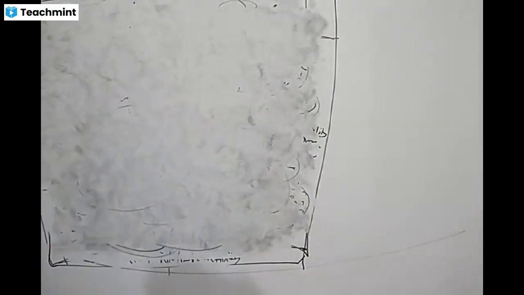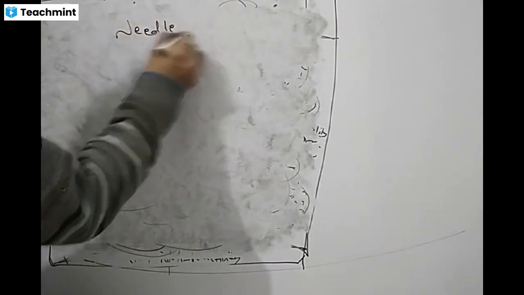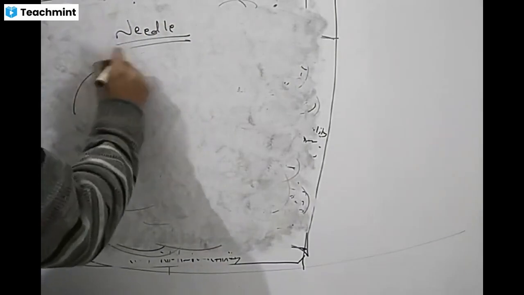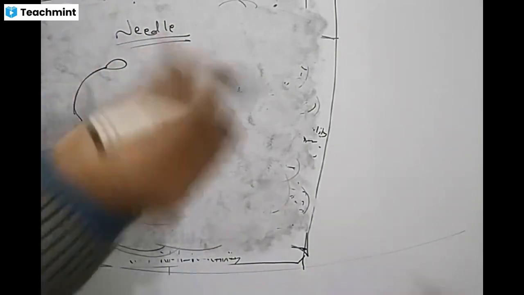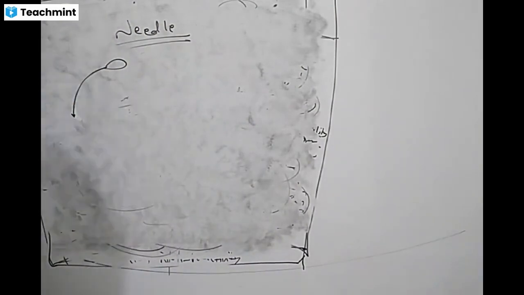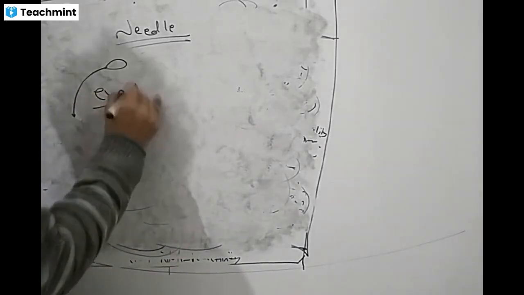So we have seen suture material. Then these suture materials are used with the help of a needle. There are two types of needle. One is that we commonly use at our home also, and that is called an eyed needle.